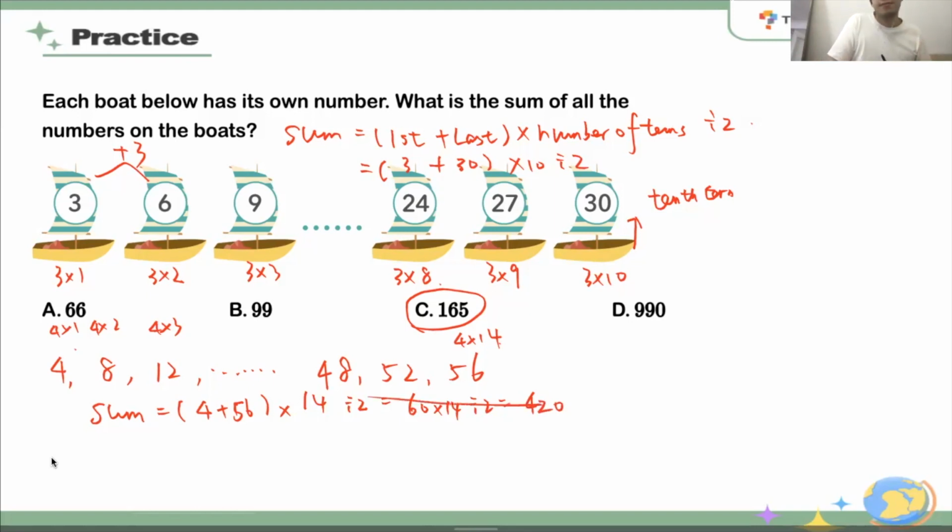If I use 7, 14, 21, dotted lines, and maybe 70, 77 and 84. Okay, how do we find the sum of this sequence?